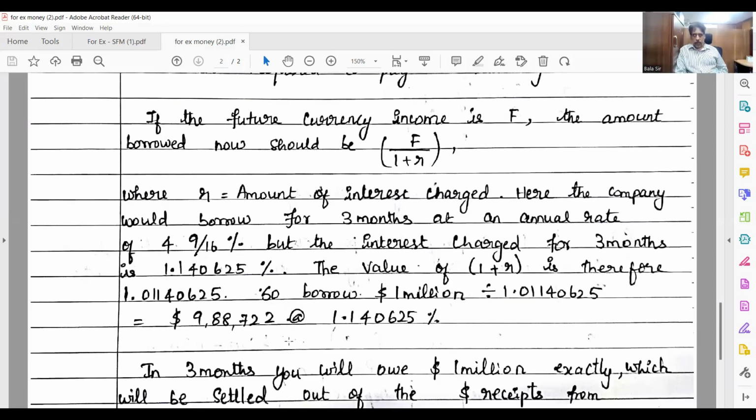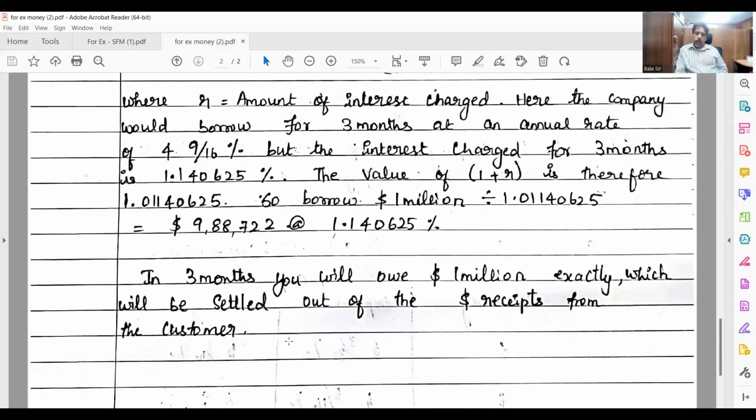We have to borrow $988,722. That's it. You have to borrow $988,722. Or if you're comfortable, you can say $988,722 will be borrowed today, so that this amount borrowed at this interest for 3 months will be exactly equal to $1 million.